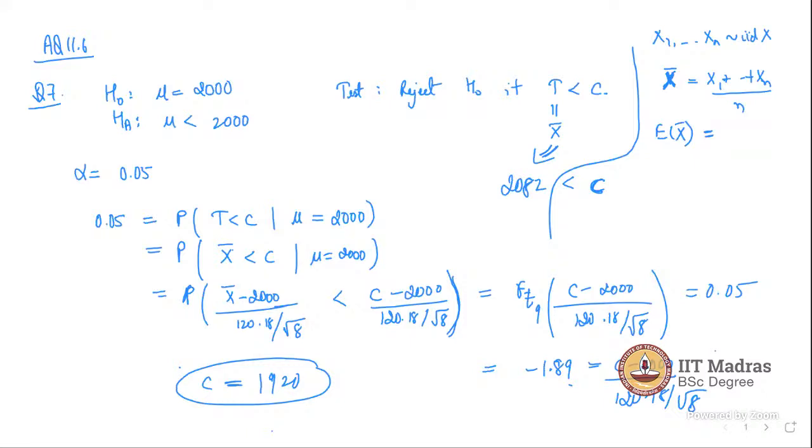Because the test statistic we are considering is not the entire population. We are considering X bar minus Y bar, and if we find the variance of X bar minus Y bar, it comes out to be sigma 1 square by n1 plus sigma 2 square upon n2.